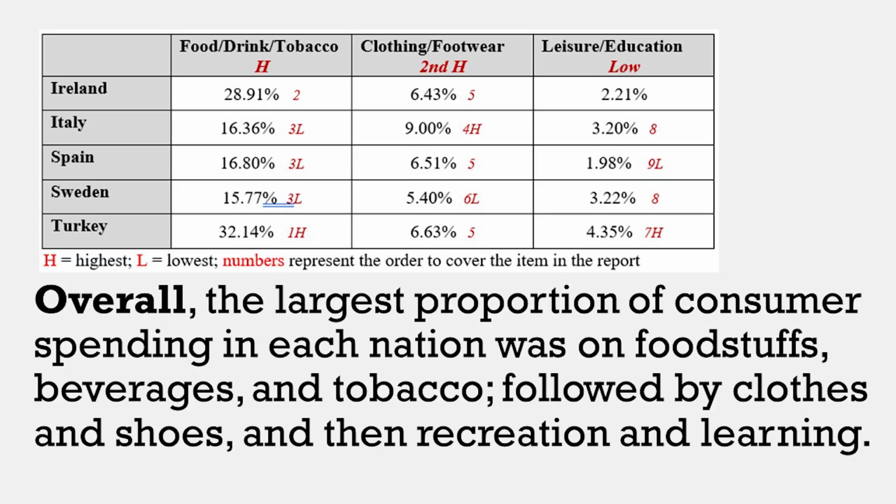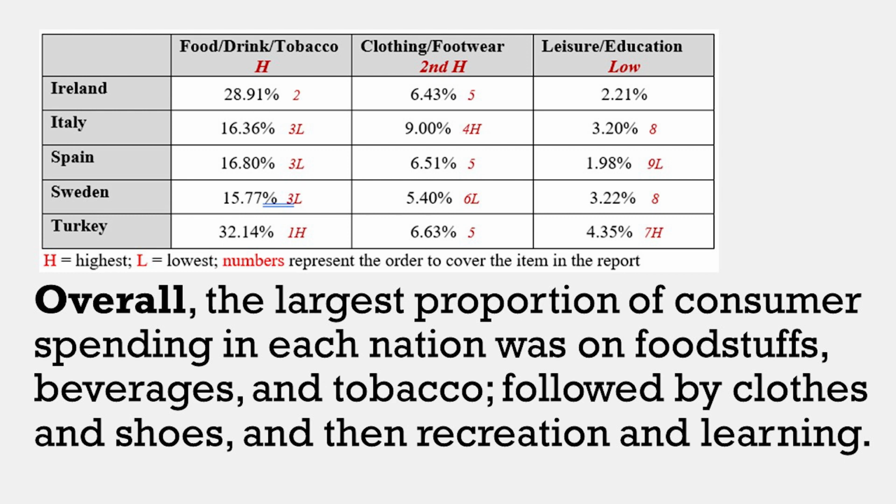Then we need to give the reader some kind of overall summary of the information. Think of this something like if you could only write 1 or 2 sentences about the task, what would you write? I've written, overall, the largest proportion of consumer spending in each nation was on foodstuffs, beverages, and tobacco, followed by clothes and shoes, and then recreation and learning.